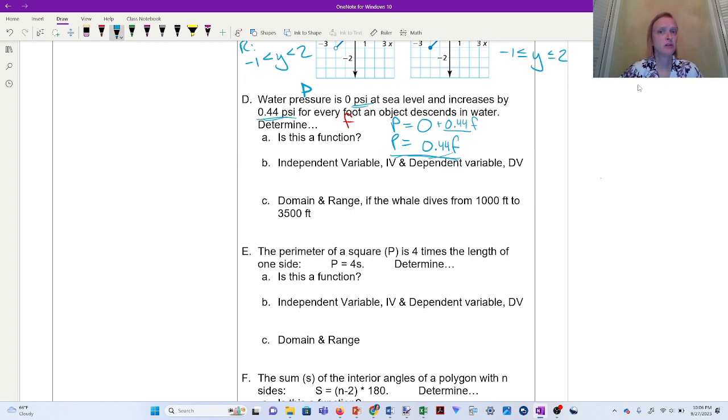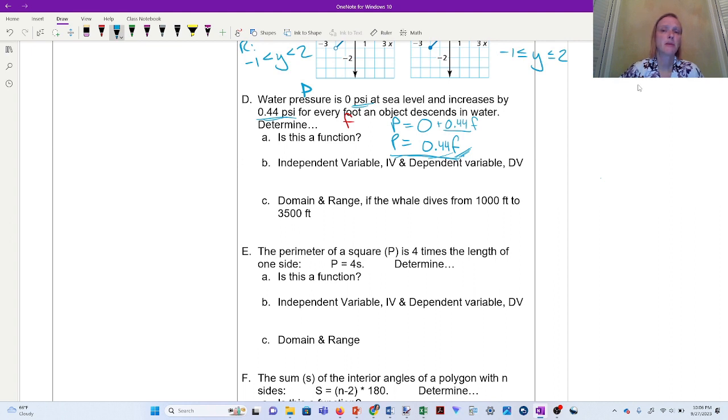And is this a function? Remember, our definition of function is that for any input we give it, there is only one output. In this example, our input is F, the number of feet we are below sea level, and our output is the pressure.